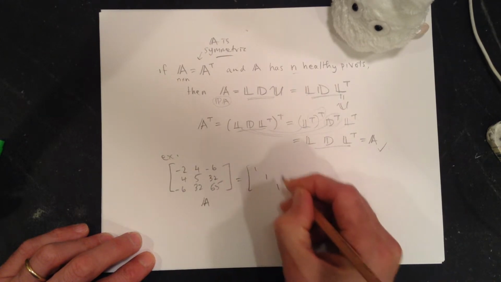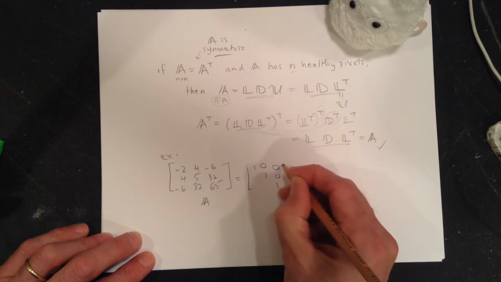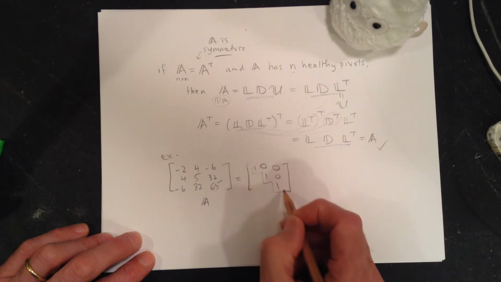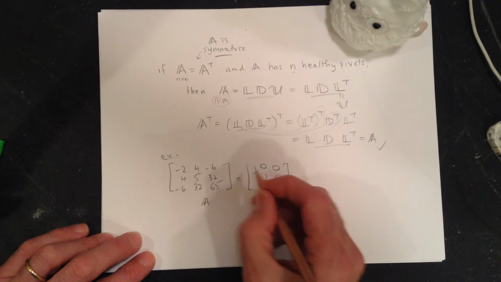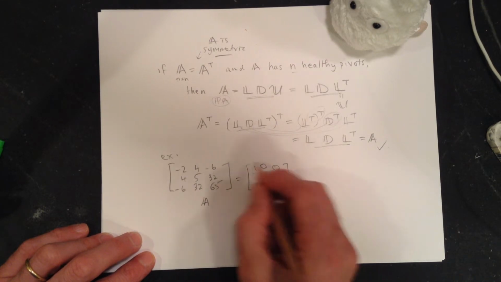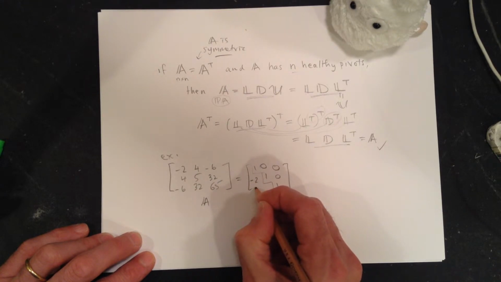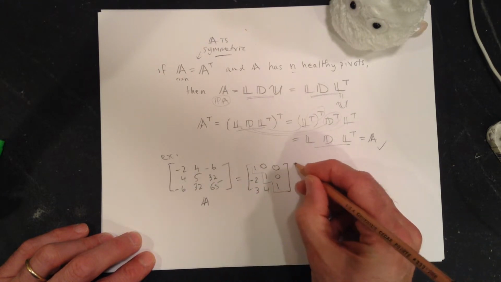So, important things. The L matrix is always square. It always has the structure of the upper part of an identity matrix, and then we have minus 2, 3, 4 here.